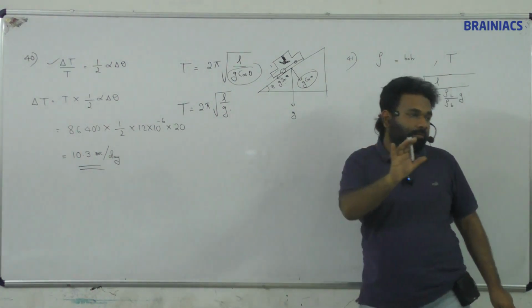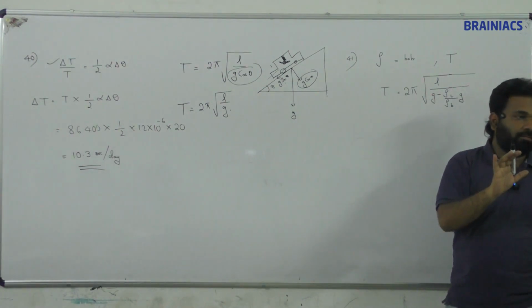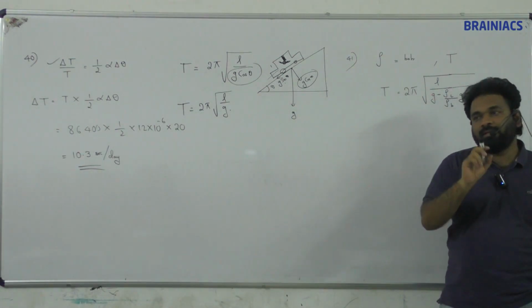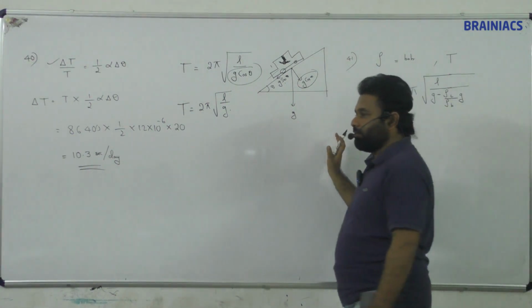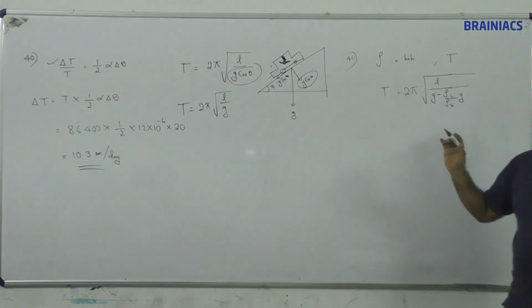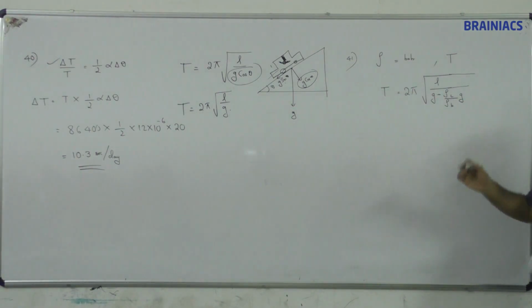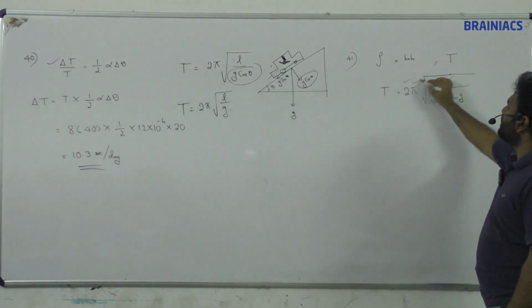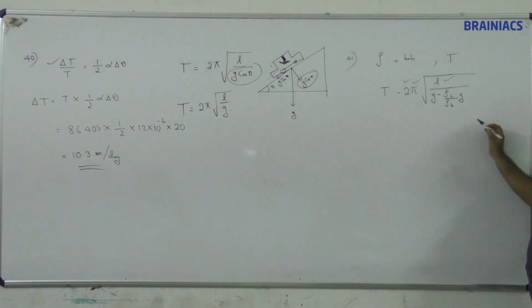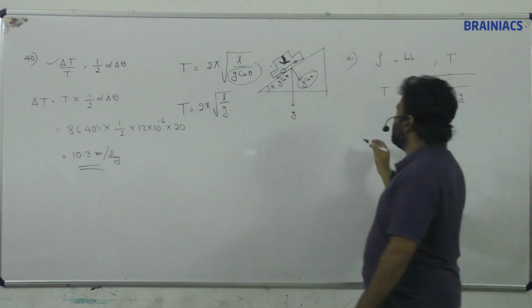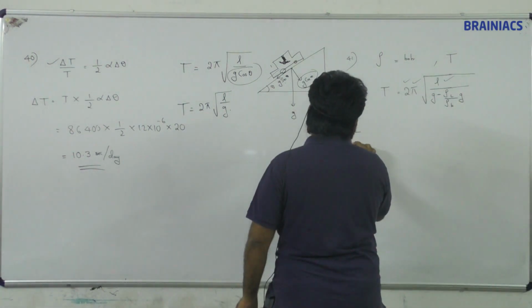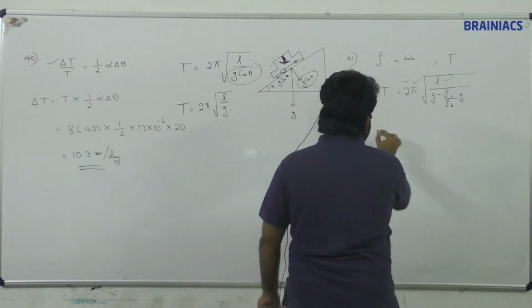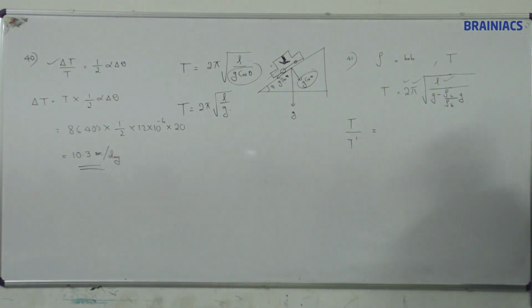Take the density part alone from the formula and solve this. Whatever is changing, that alone consider. Will the length change? Length will not change, so this is constant. T divided by T dash is equal to what should we write? Reduce it and solve it simply. What answer?